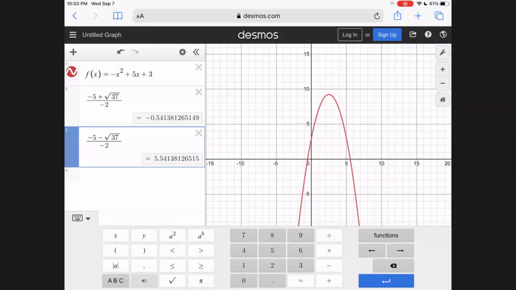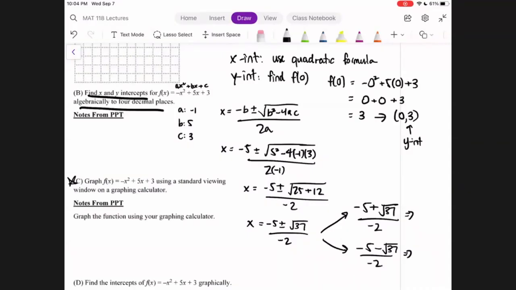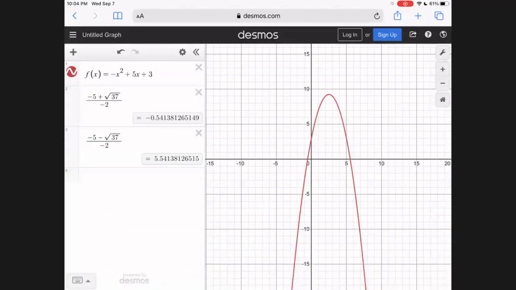So practice with Desmos with computing these. Sometimes MATLAB wants you to put exact answers. So these on the side here with the square roots would be exact. So I'll go back over to the notes. So let's see, the plus one was, okay, got it.